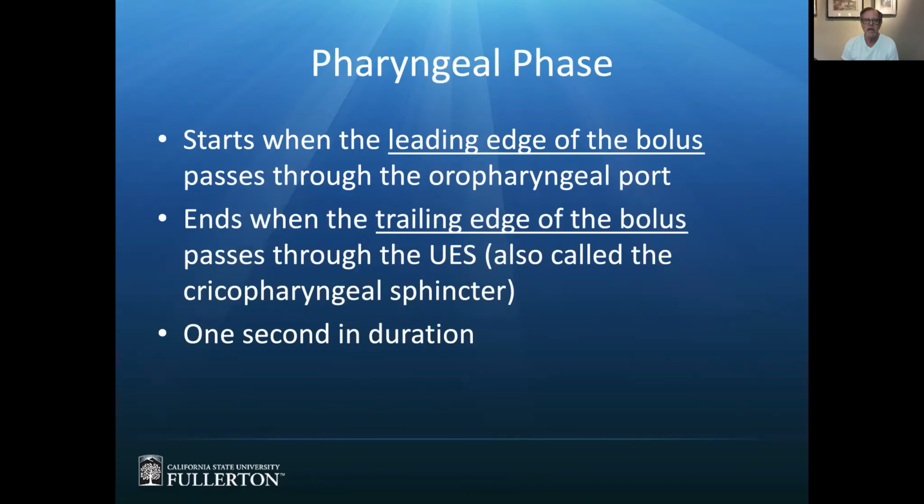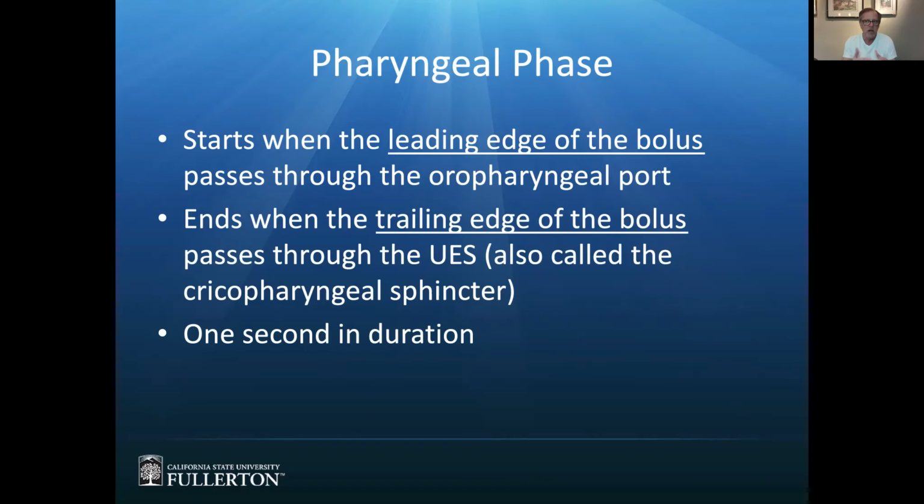All right, now we get to the pharyngeal phase. And this slide has mostly to do with when is it? What are the markers for the occurrence of a pharyngeal phase? Well, it starts when the leading edge of the bolus passes through the oral pharyngeal port.